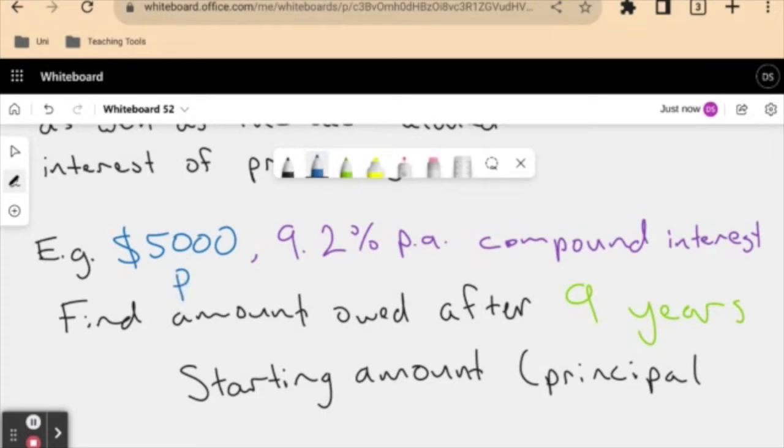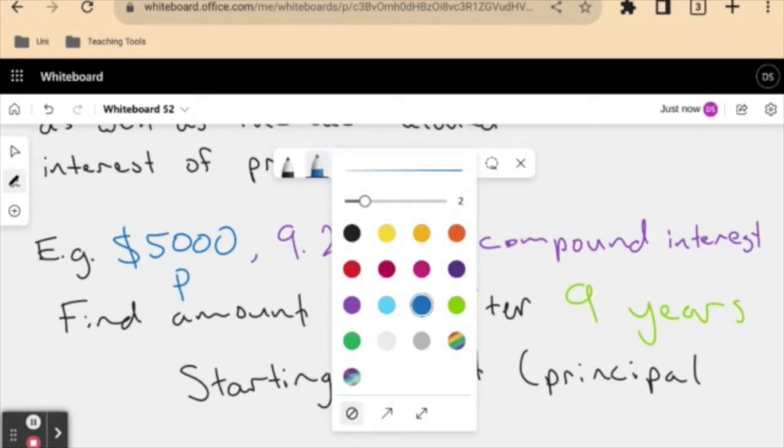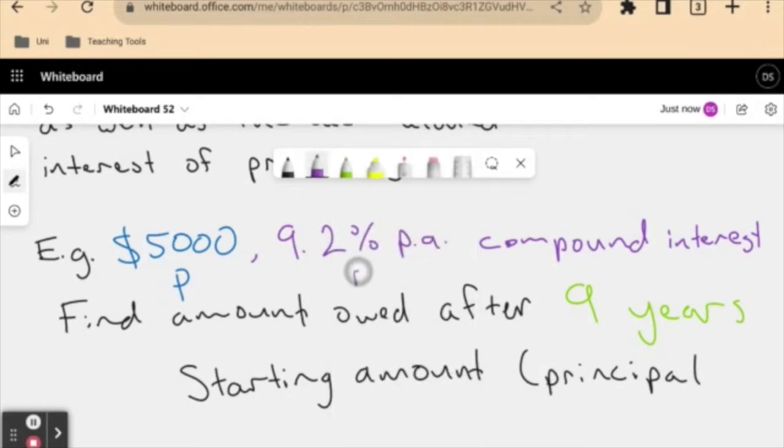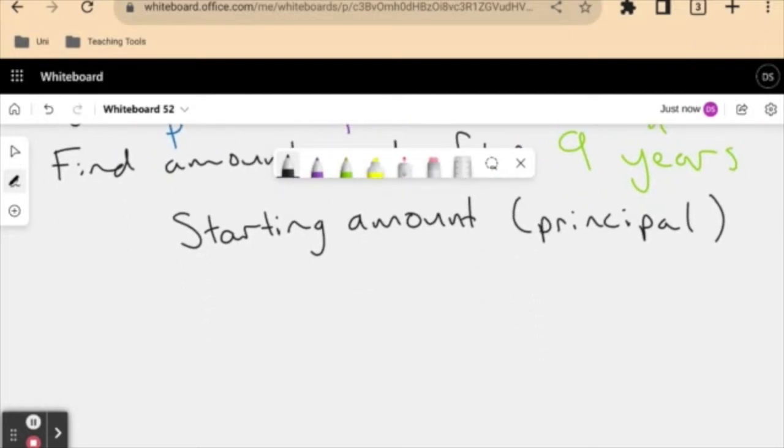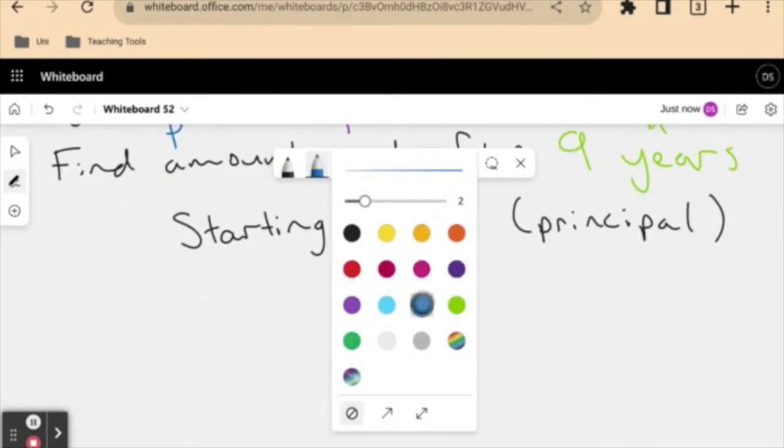We have our P, our principal, we have our rate R, and we have our number of years N. So this compound interest has the same elements as simple interest did, but the way it works is a little bit different. Now let's go back to this. Our starting amount was 5,000.